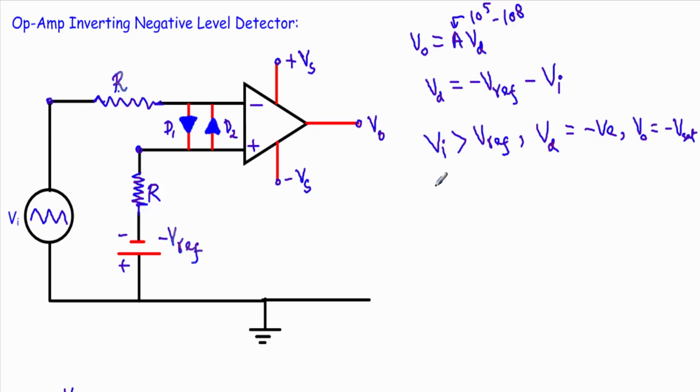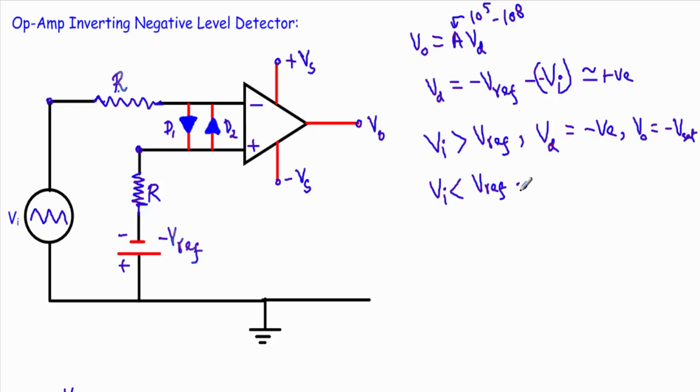The second case is when this input voltage Vi is less than VREF. If Vi is less than the negative reference voltage, that means this input voltage will be more negative with respect to this negative reference voltage. As this input voltage goes negative, there will be a minus sign in front of it, which will be multiplied with this minus sign, which will make this VD positive.